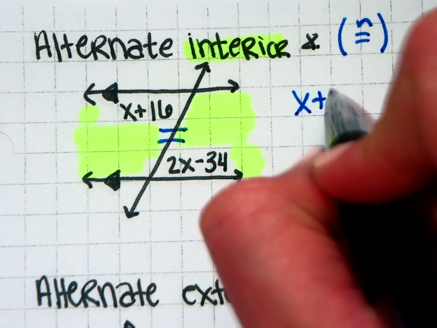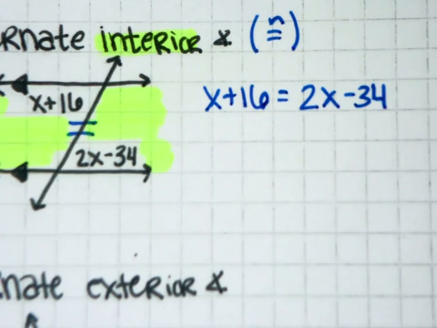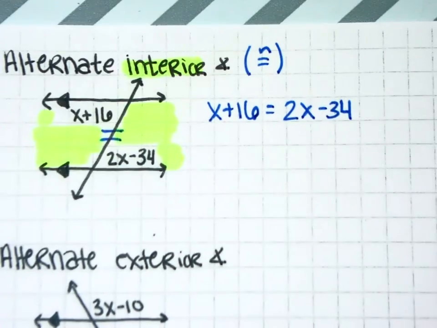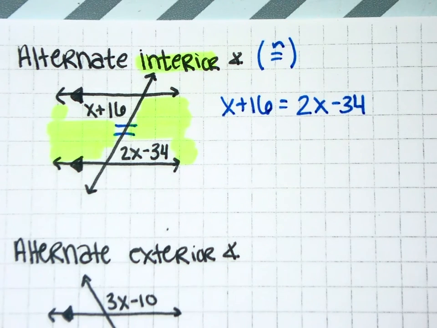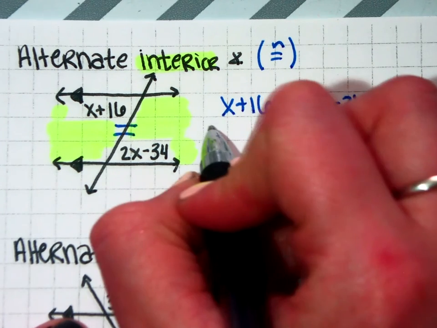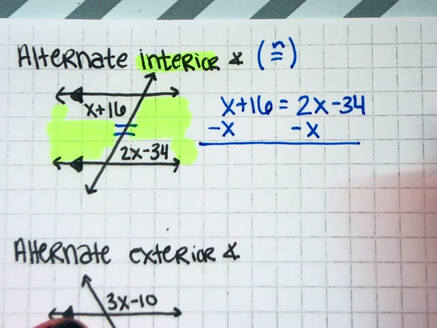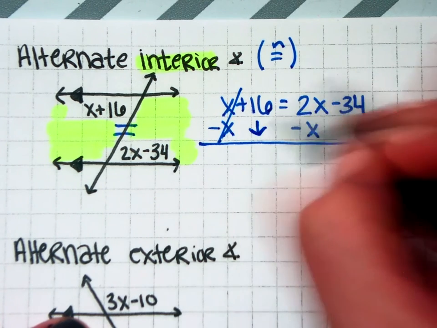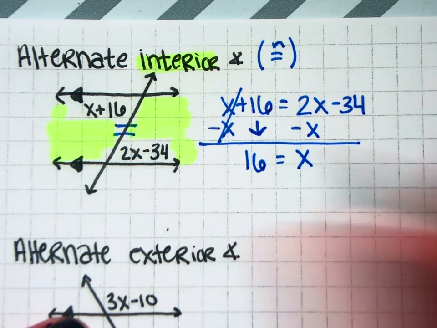x plus 16 equals 2x minus 34. When you're solving these problems, all you have to do is identify the angle pair, and in this case I told you the pair, and understand that alternate interior angles are congruent. So I'm going to solve. I'm going to move my x to the other side. It's positive, so I'm subtracting. They cancel. Bring down the 16. 2 minus 1 is just 1, and we don't write the 1 in front of the x.